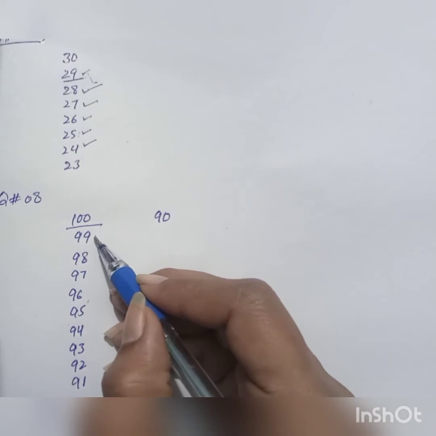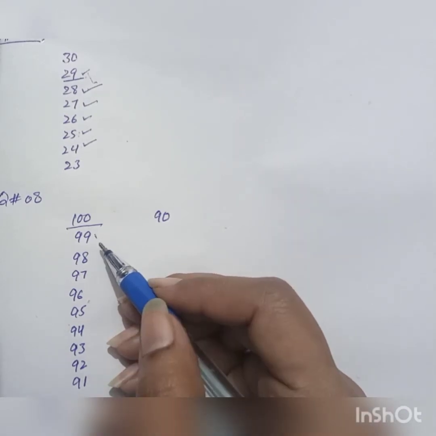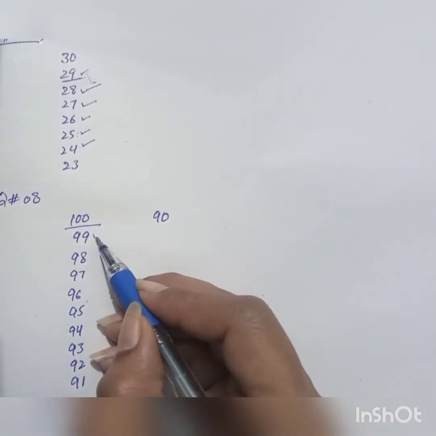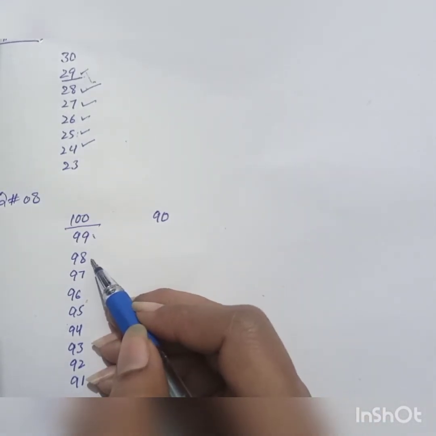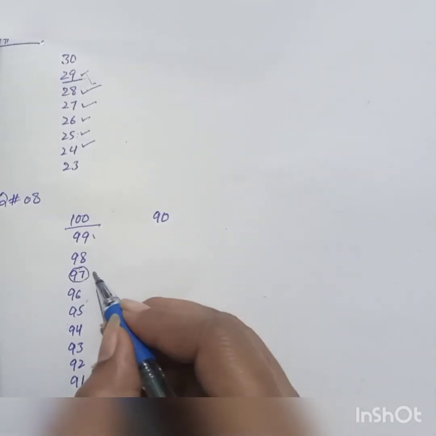So let's see. Here is 99 and 99 is a composite number as it contains more than 2 factors, and the factors are, as we know, 1, 3, 9, 11, 33 and 99. So 99 is a composite number and 98 is also a composite number because it has more than 2 factors. Now the number 97 is a prime number.